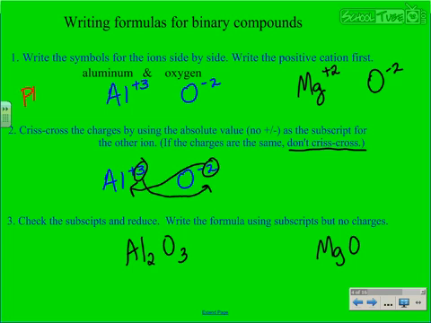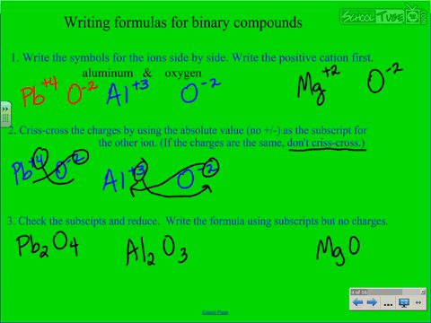Here's one more thing we might have to worry about. Lead can actually form more than one ion, but one of the ions it forms is +4. And let's do it again with oxygen. If we do the crisscross method, the 4 comes over here, and the 2 comes over here, that makes Pb2O4.